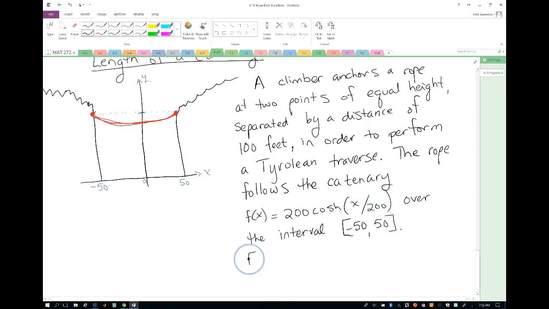We want to find the length of the rope between the two anchors.